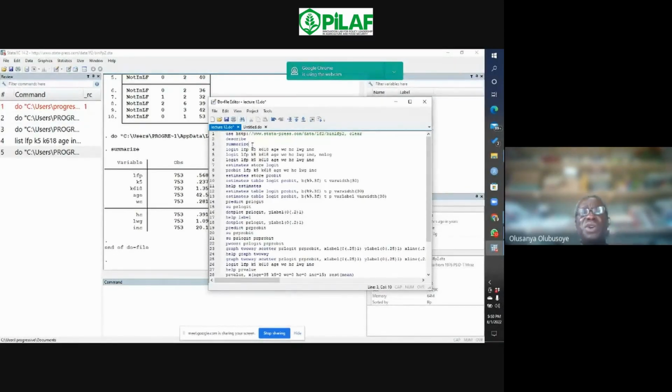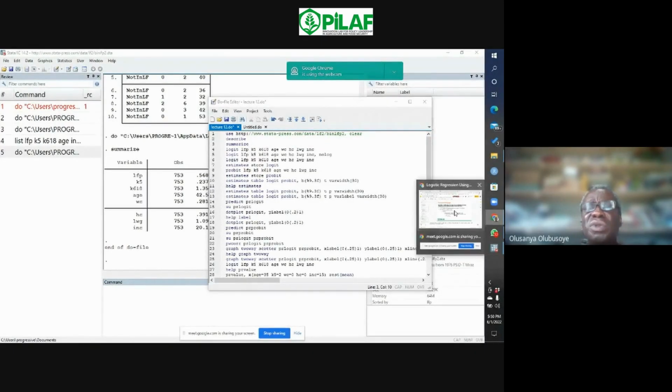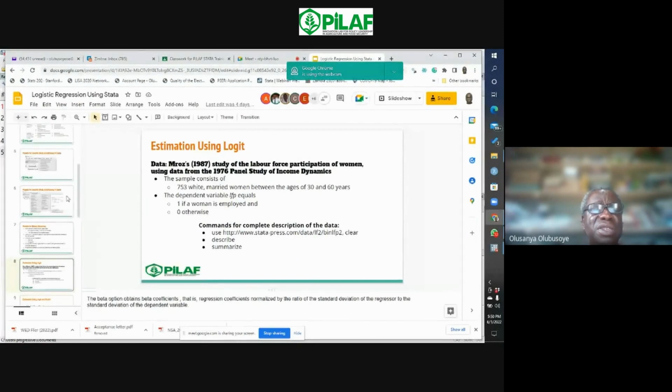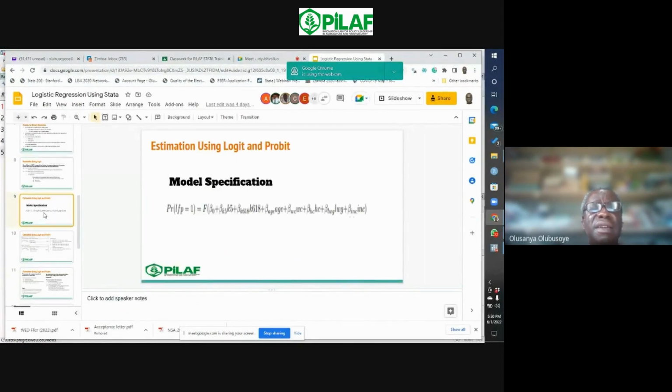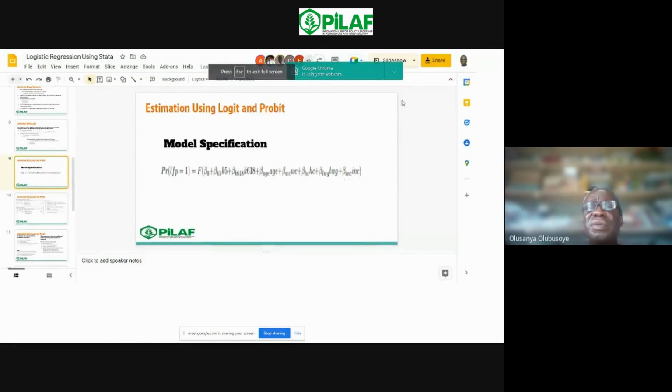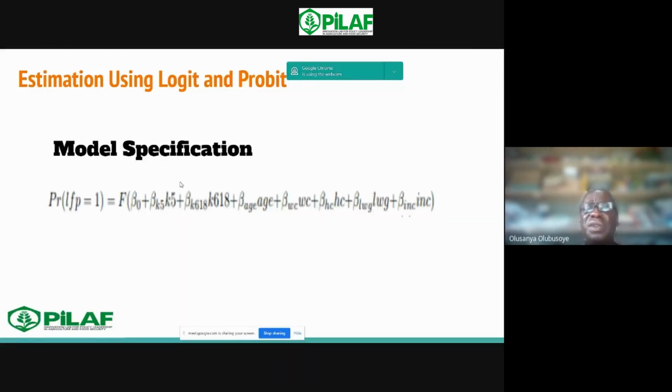But before we continue, it's always good that you know how the logistic model is specified. So this is the model specification. You are actually looking for the probability of a woman participating in labor force.